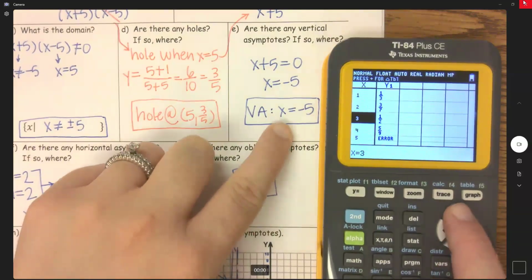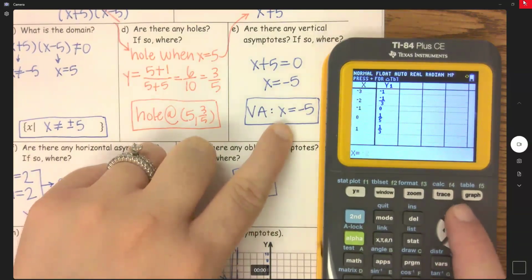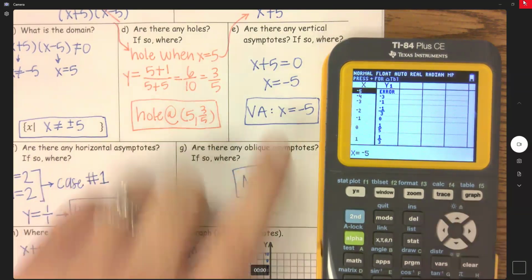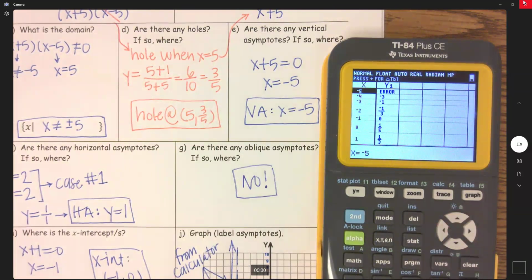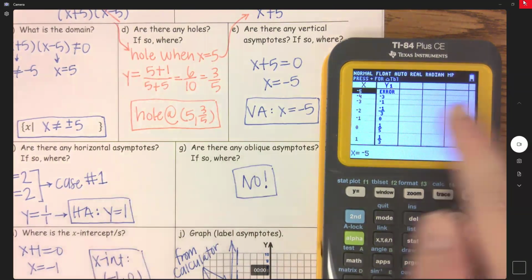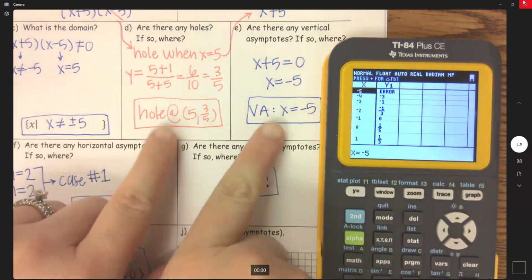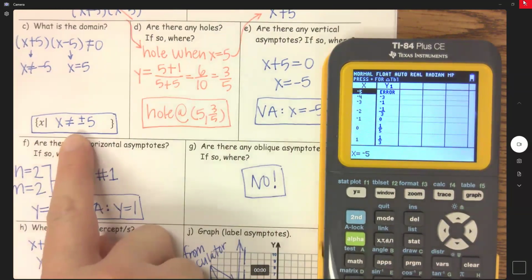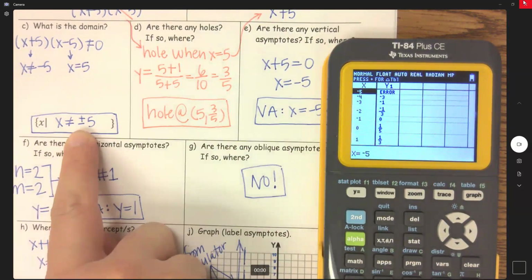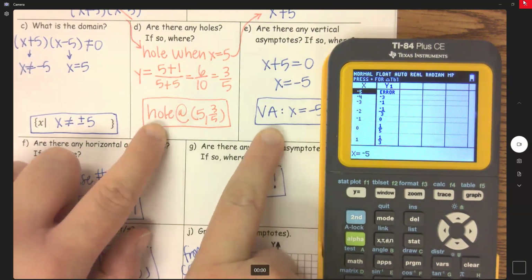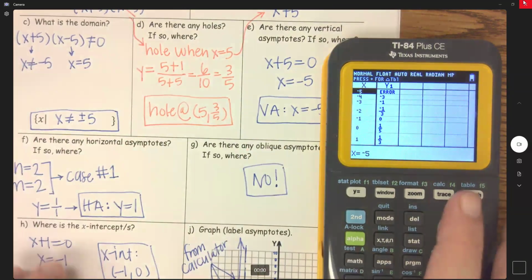If I go to -5, I get another error. So on your calculator, you can't really see the difference on error. It doesn't say error vertical asymptote and down there error hole. But I can see I do get an error on these because I am showing that that domain does not happen at x equals plus or minus 5. So you can't tell the difference, but you can check that that should be right.